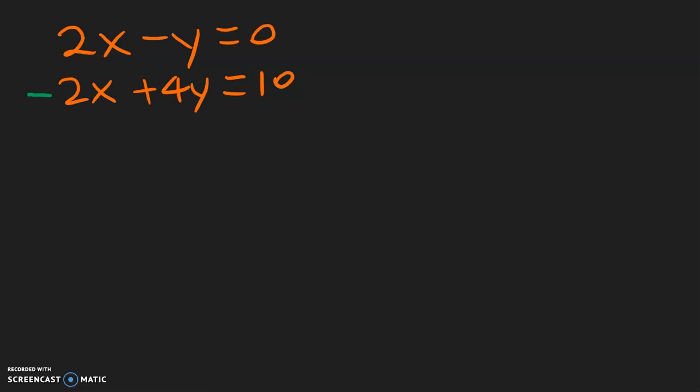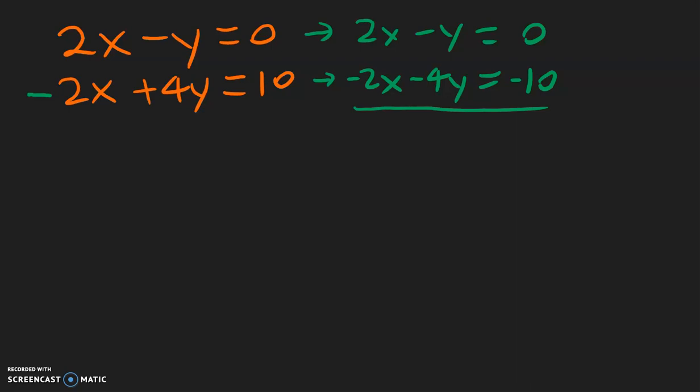So this equation is going to become negative 2x. The positive 4y changes to negative 4y. The positive 10 changes to a negative 10. The top equation, nothing changes, so just copy. Now you can see that the x's will eliminate.